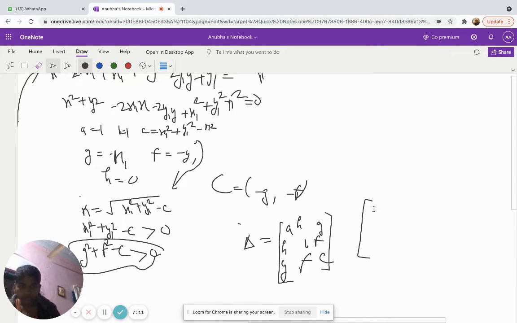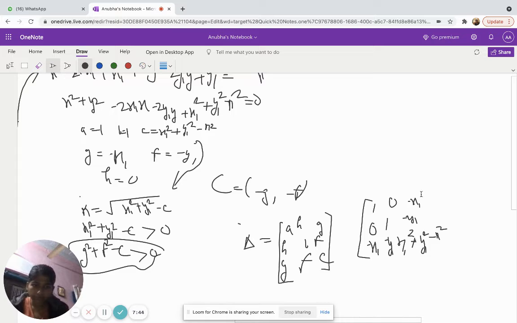It's 1, 1, and x1 square plus y1 square minus r square for A, B, C. H is 0, G is minus x1, and F is minus y1. Similarly, 0, minus x1 and minus y1.